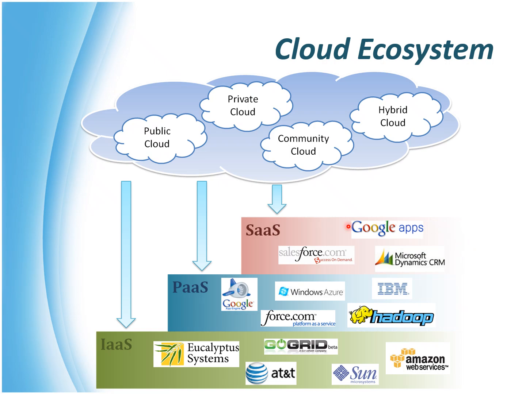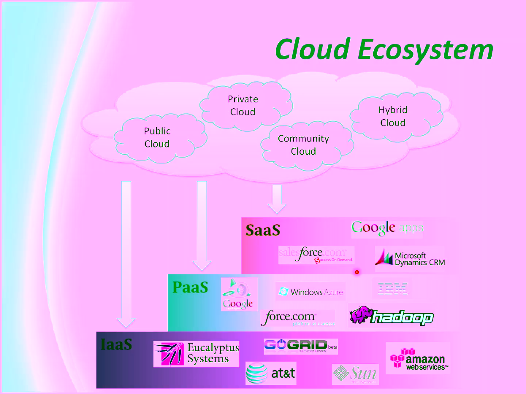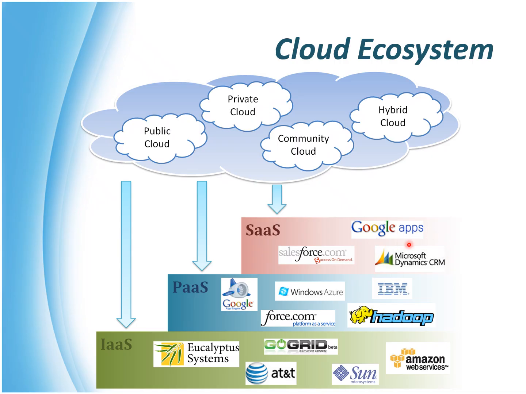You can see what are the users, what are the user like Google Apps, Salesforce.com, Microsoft Dynamics CRM. This is the software as service, platform as service, Google App Engine, Windows, IBM, Hadoop, Force.com, and then IaaS infrastructure as service provider, Eclipse system, Grid, AT&T, Sun, Amazon Web Services.